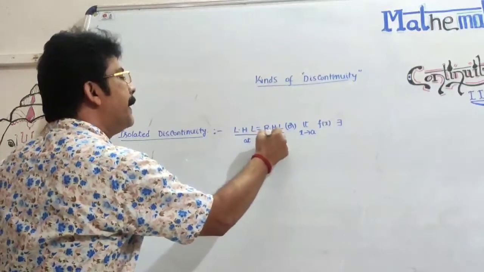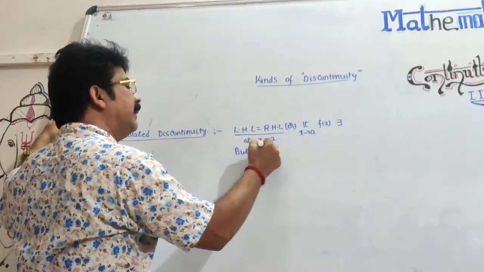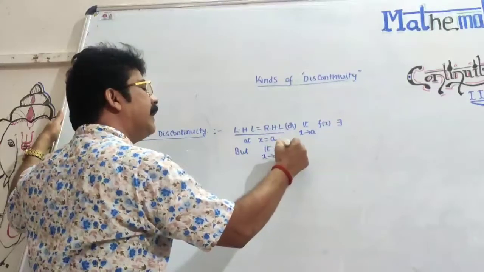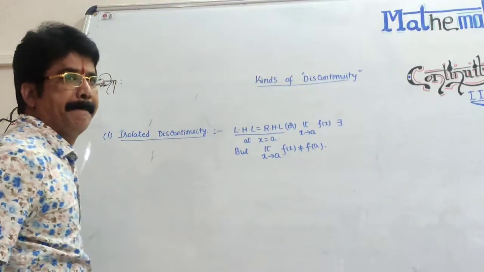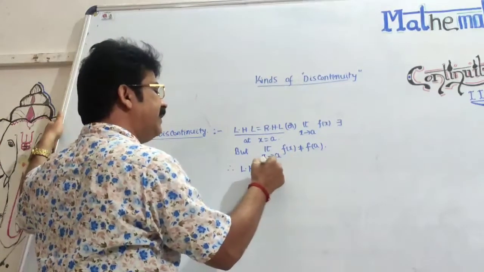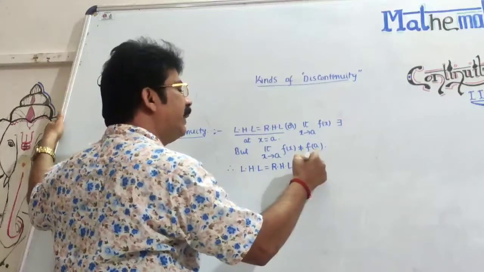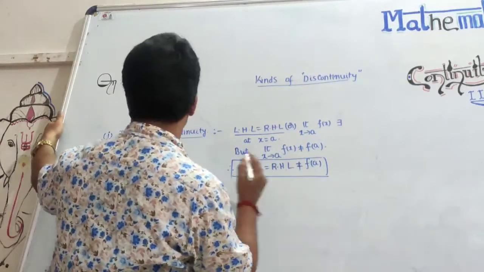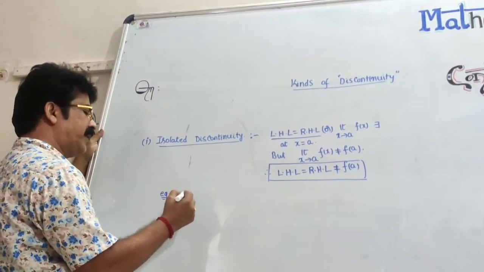But limit as x tends to a, f of x is not equal to f of a. The complete meaning is left hand limit is equal to right hand limit that is not equal to f of a. Then it is called isolated discontinuity. Example. This example is also important.